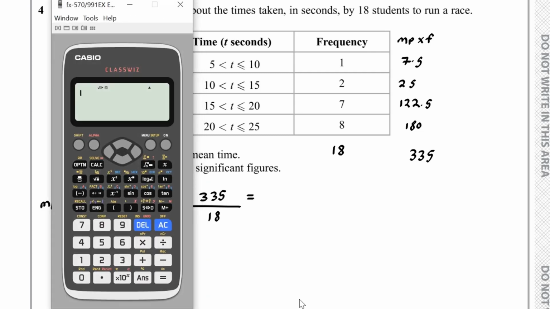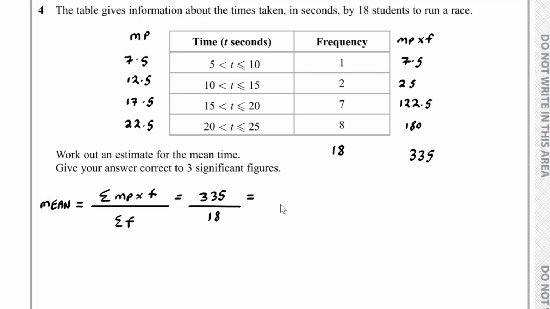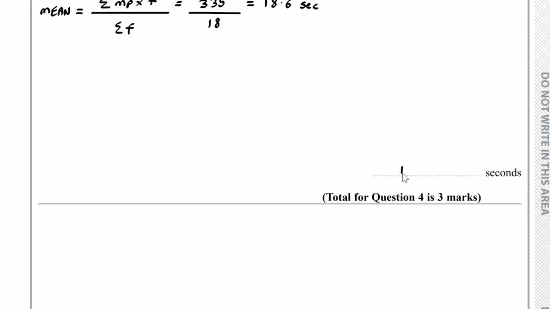If we work this out, it turns out we get 18.6 to 3 significant figures. So we have 18.6 seconds for the mean time. And of course this is to 3 significant figures.